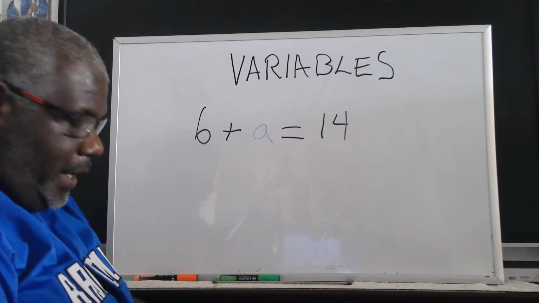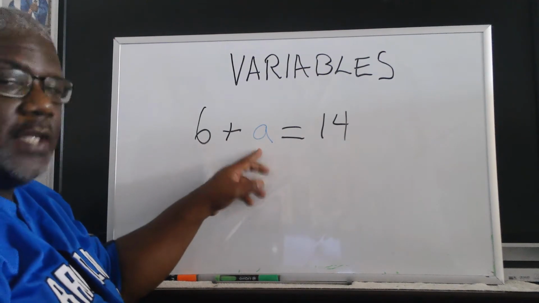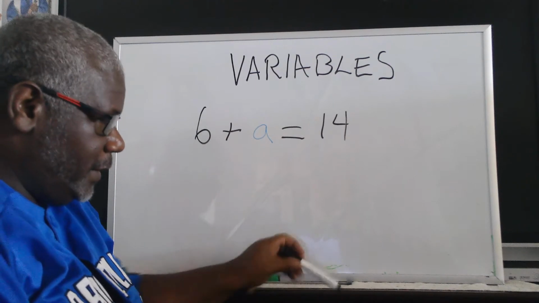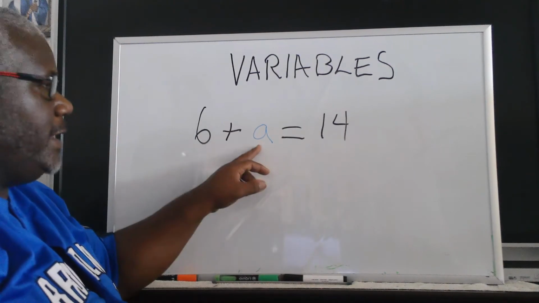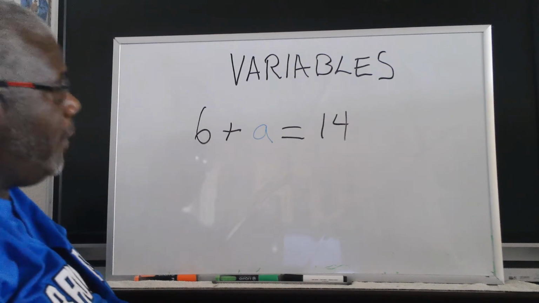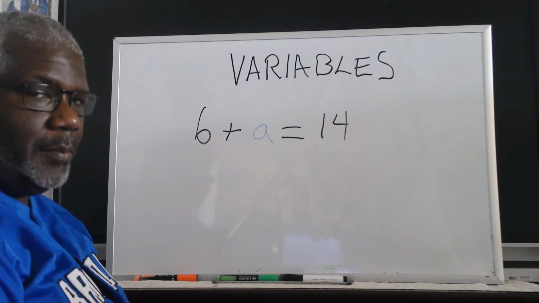Well, how do we figure that out? Well, the variable usually represents the unknown quantity. This is where people get stuck. Well, it's nothing to get stuck over because it's easy to find this answer. But to understand, a variable just means a letter that's taking the place of a number.